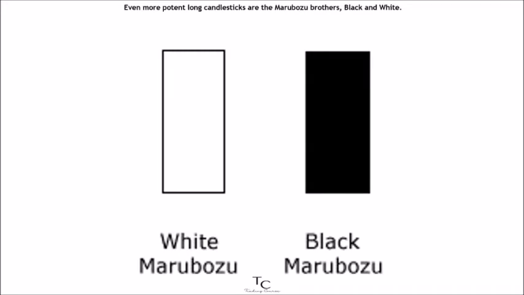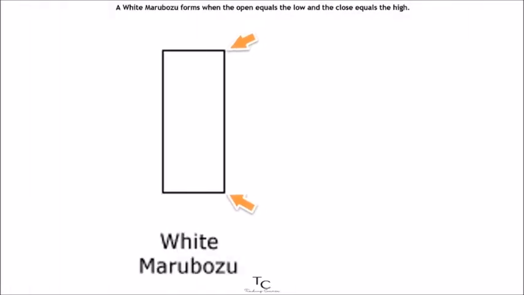Even more potent long candlesticks are the Marubozu brothers, black and white. Marubozu do not have upper or lower shadows, and the high and low are represented by the open or close. A white Marubozu forms when the open equals the low and the close equals the high.